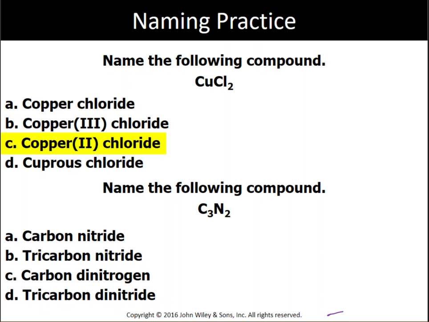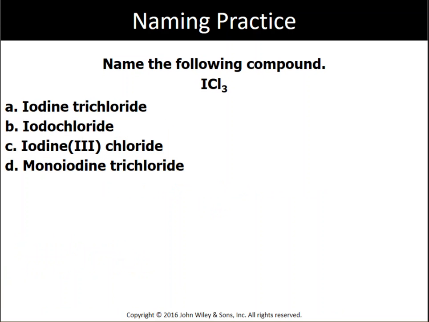So you do tricarbon dinitride. So ICl3, again, it's a molecular compound. Iodine is a nonmetal, chlorine is a nonmetal. So we've got to use prefixes. You have 1 iodine, so that becomes just iodine, 3 chlorines, trichloride.